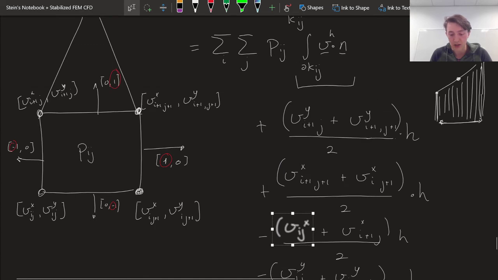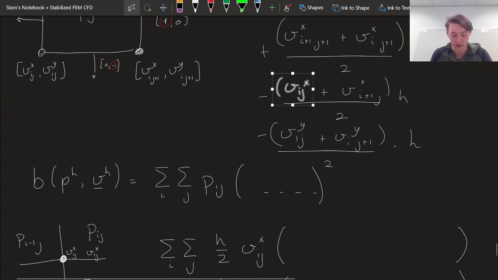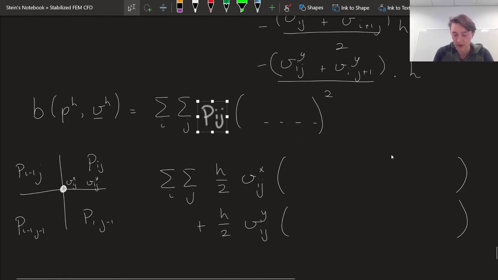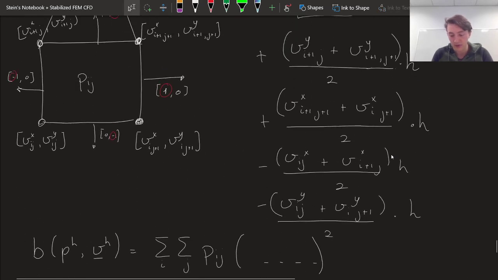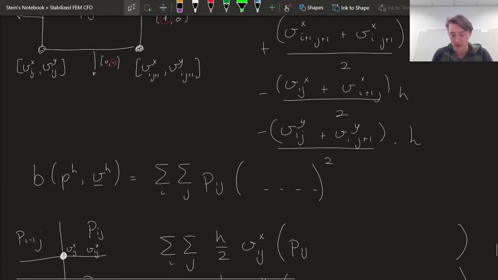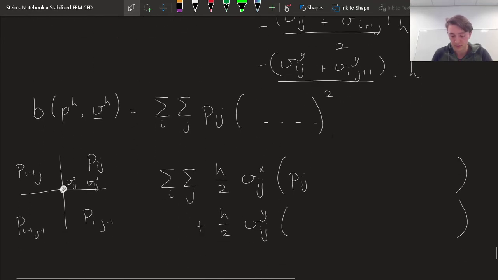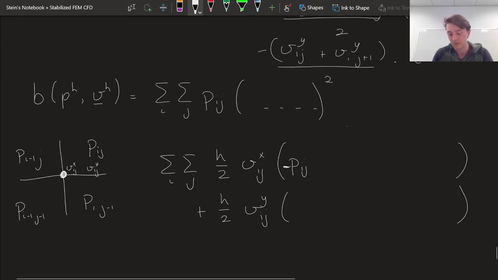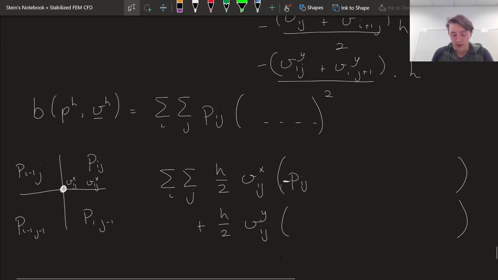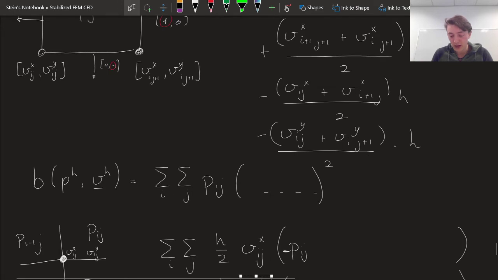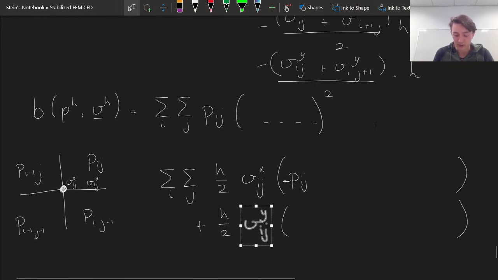So I'll have a Pij that I'm multiplying this with. Okay, Vij in x is multiplied by Pij. Same thing for, well, no, actually, minus Pij. That's kind of the point. So for Vij in y, what do I have? Well, also a negative. So I have a minus Pij here.